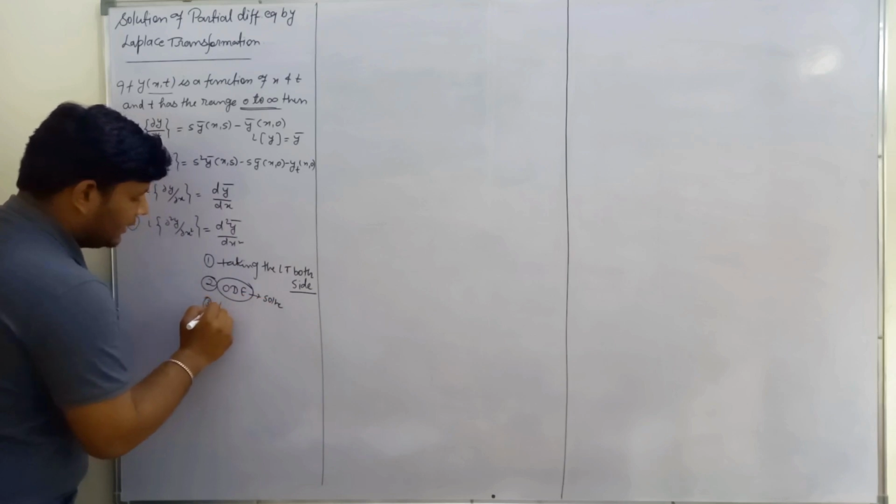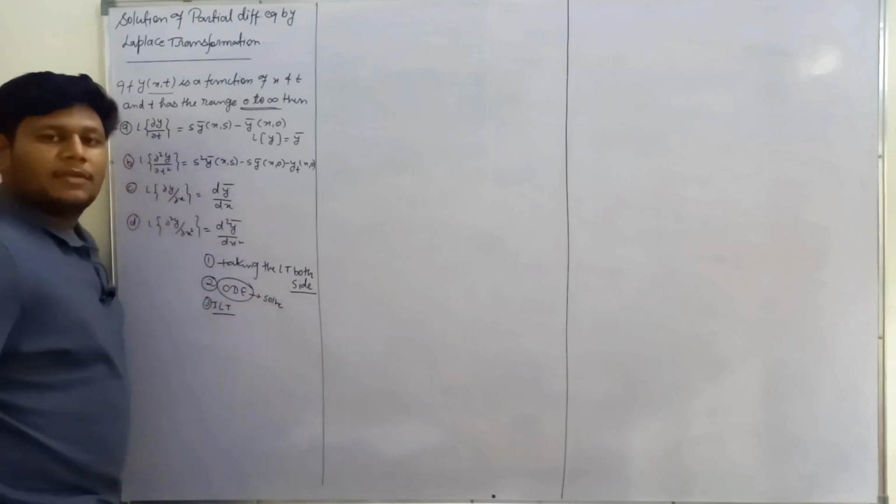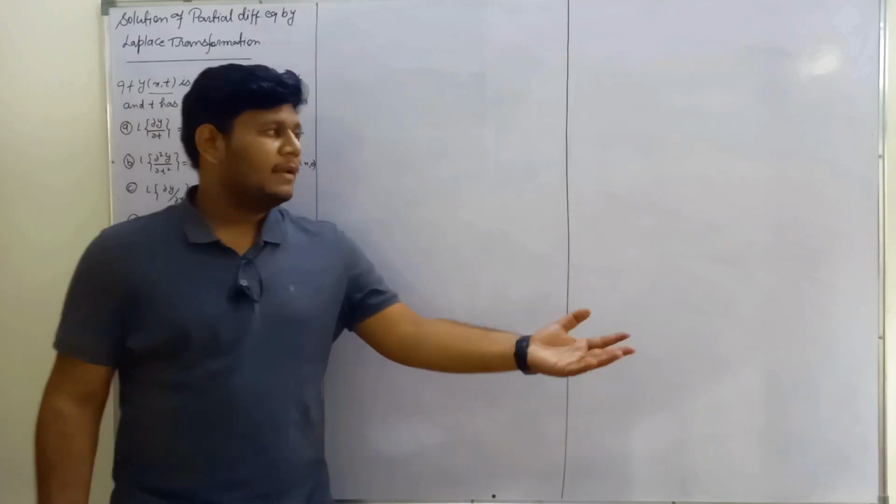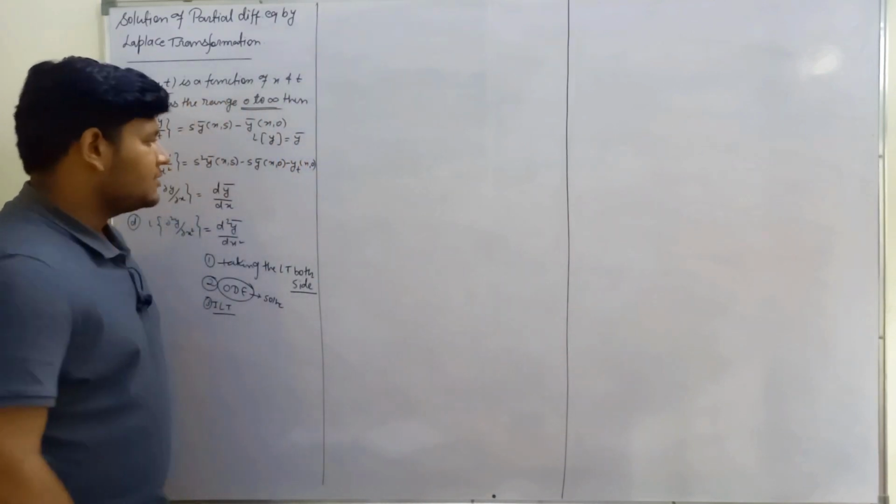The third thing is taking the inverse Laplace transform, and then you will get the solution of that partial differential equation. I will solve a question also in this video.